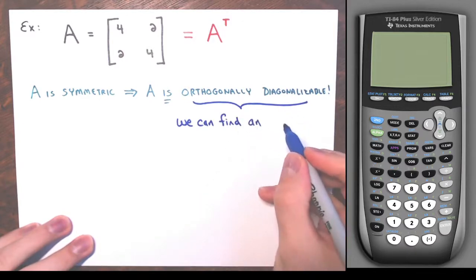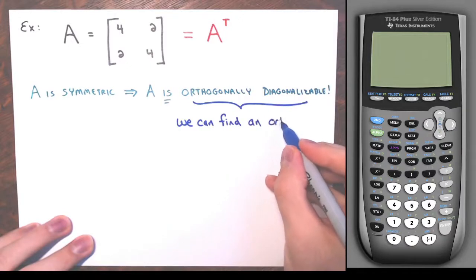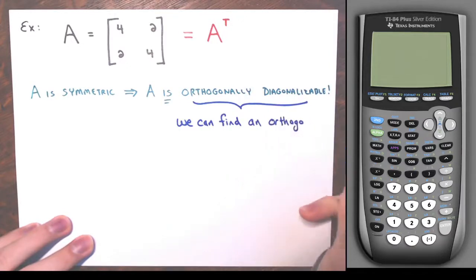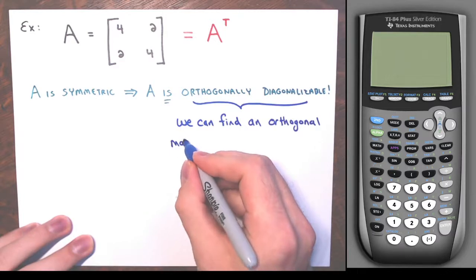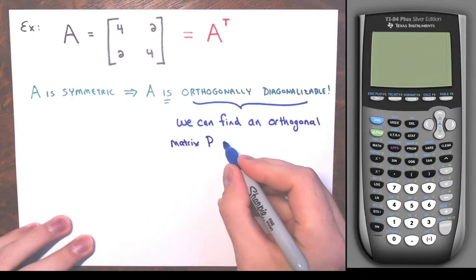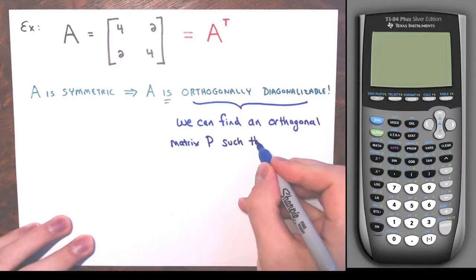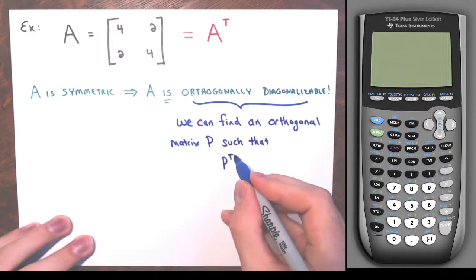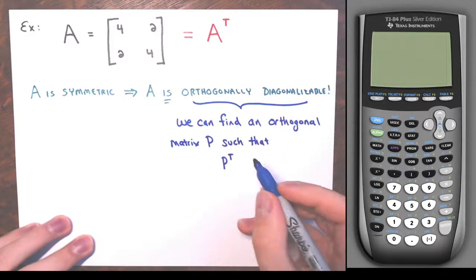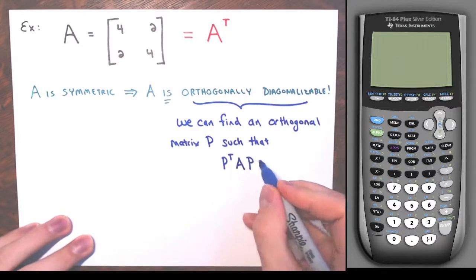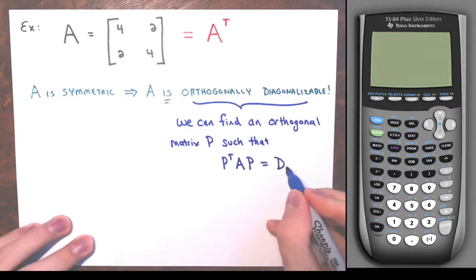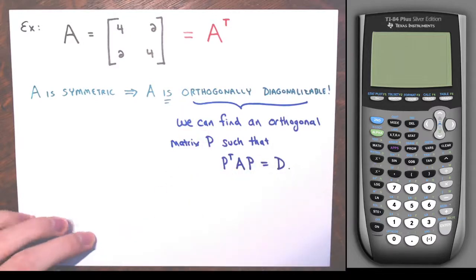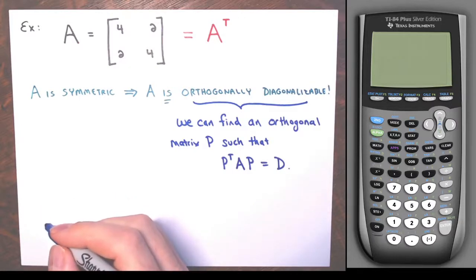I'm not going to do this for every example, but we can find an orthogonal matrix P, a matrix where the columns form an orthonormal set, such that P transpose, which would be P inverse since it's orthogonal, times A times P is equal to a diagonal matrix D.